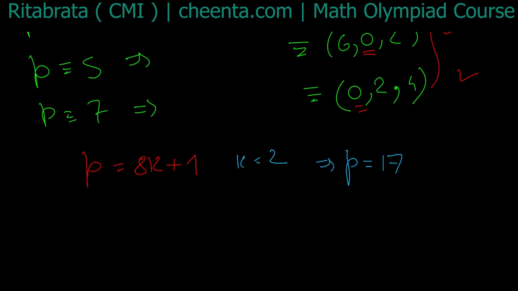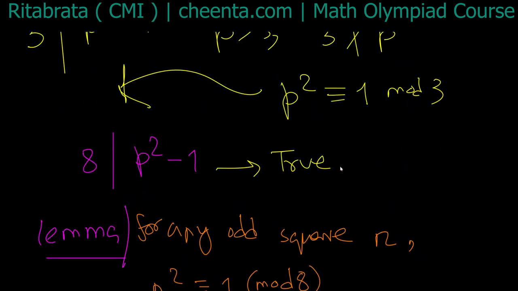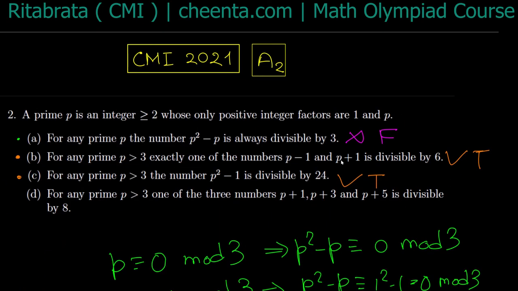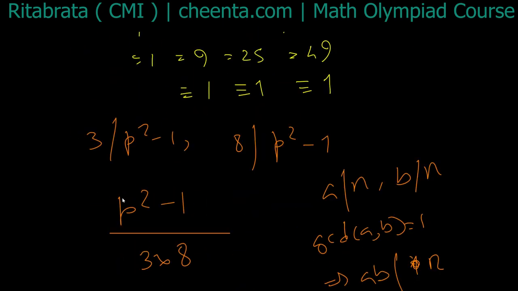It is a prime of the form 8k plus 1, and you can see p plus 1, p plus 3, p plus 5 is 18, 20, 22. None of them is divisible by 8. So this statement is false. So only B and C are true. And we are done. This ends the problem here.